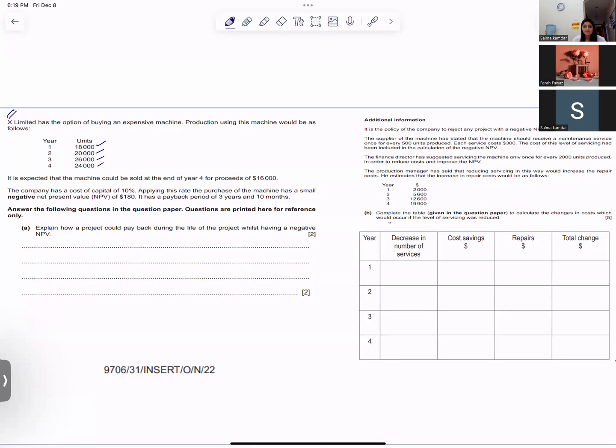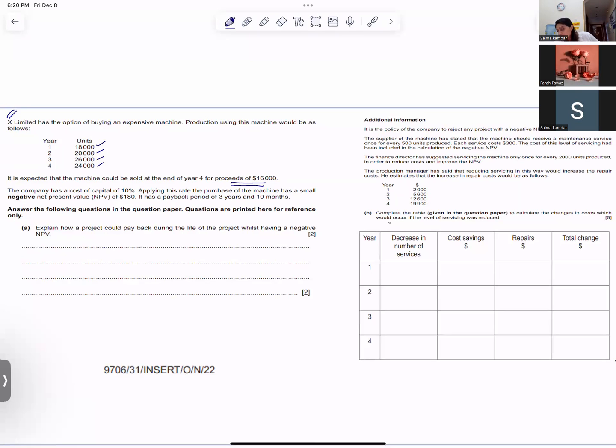It is expected that the machine could be sold at the end of year 4 for proceeds of 16,000. The company has a cost of capital of 10%. Applying this rate, the purchase of the machine has a small negative net present value of 110.